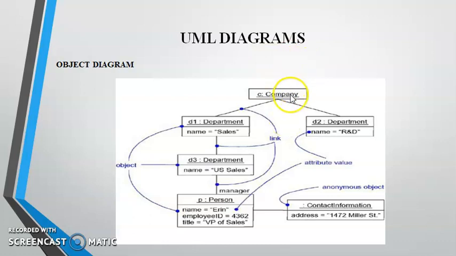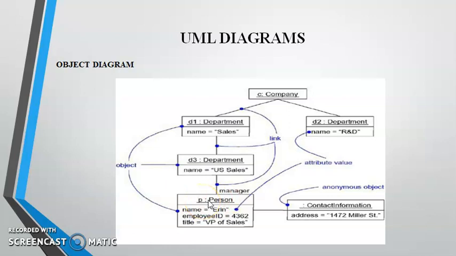For this class name company, we are creating the object C. Under the company there are two departments, department 1 and department 2. For this department we are creating the object D2, and for this department we are creating the object D1. Under department D1 we are creating another department, that is the object D3. Next we are creating another class person, and P is the object for the person class.